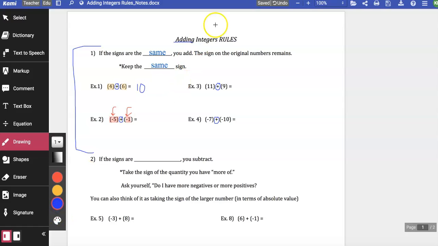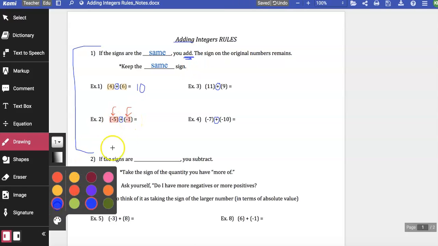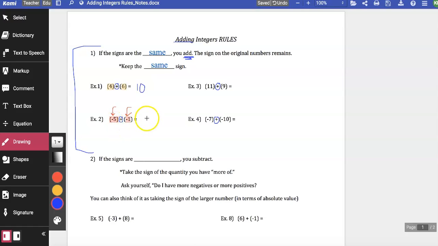Let me underline that. So what's 5 plus 1? Well, 5 plus 1 is 6, and they're both negative, so we put a negative on the 6. So if the signs are the same, we added. 5 plus 1 is 6, and then keep the same sign. So we kept this negative, we kept the same sign, and that's our answer, -6.